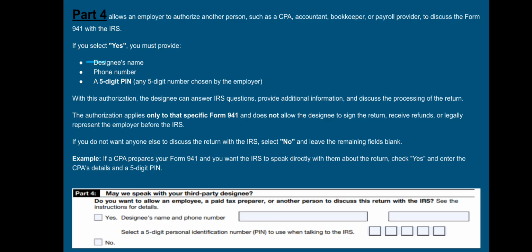The authorization applies only to that specific Form 941 and does not allow the designee to sign the return, receive refunds or legally represent the employer before the IRS. If you do not want anyone else to discuss the return with the IRS, select no and leave the remaining fields blank. Example: if a CPA prepares your Form 941 and you want the IRS to speak directly with them about the return, check yes and enter the CPA's details and a 5-digit PIN.